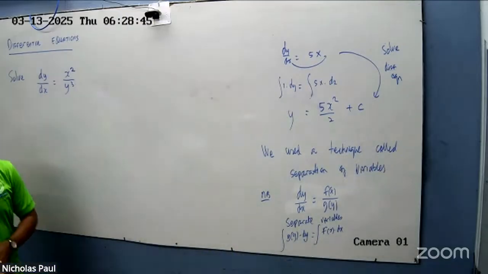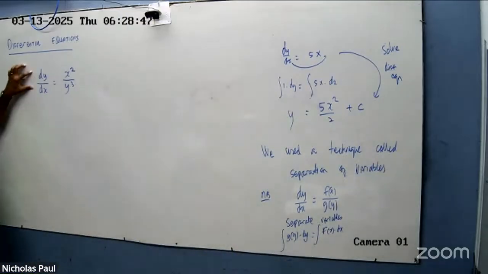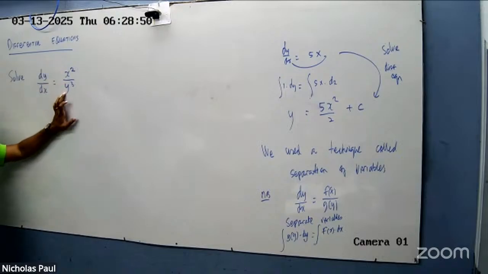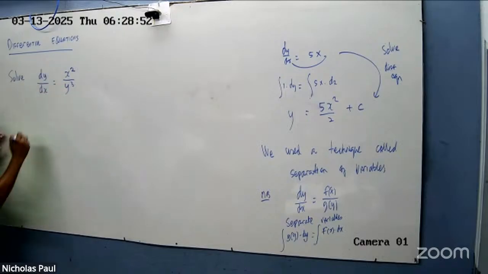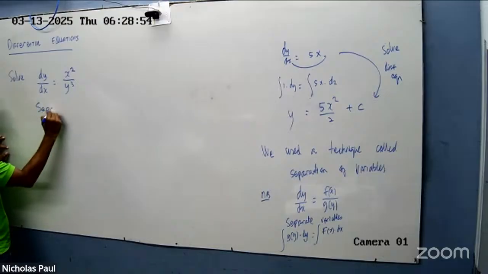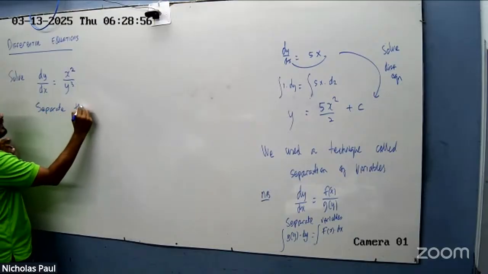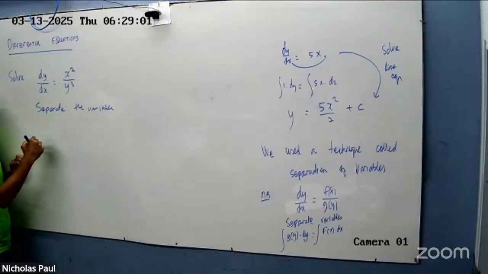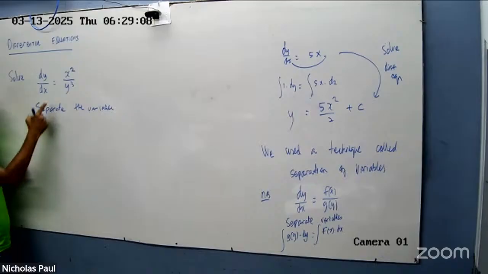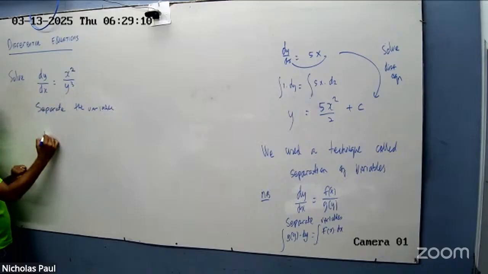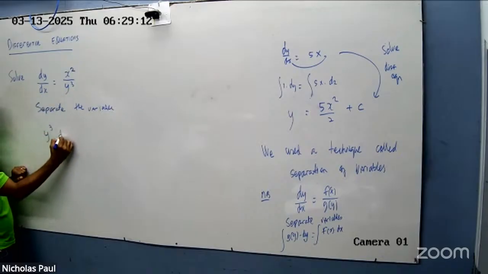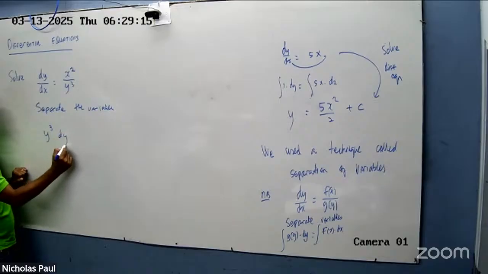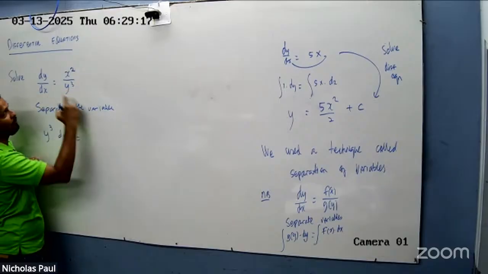What we'll do here, Shaq, we have a first order, we have X's and Y's. What will you do? Separate the variables. I like how you say that, Shaq. Separate the variables. What does that mean again? Right, so I'll bring y cubed here, and I'll bring dx on this side.